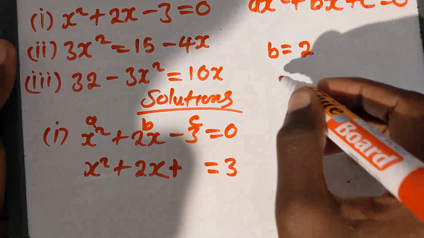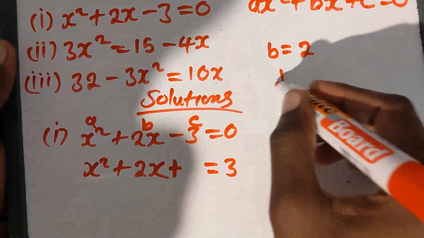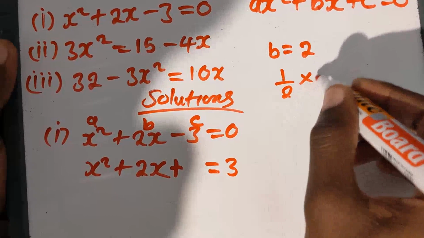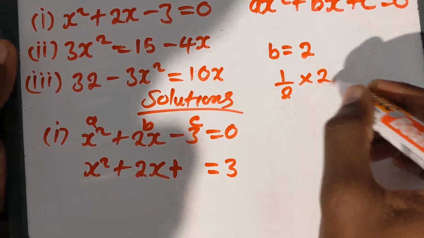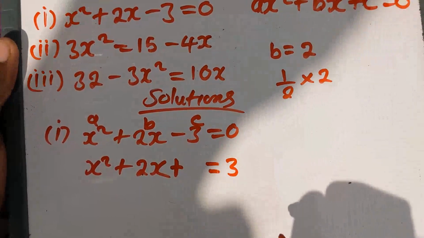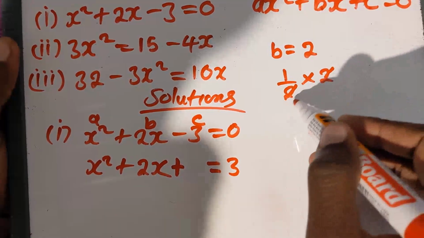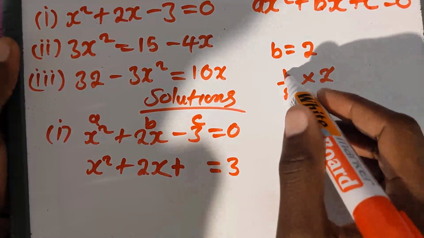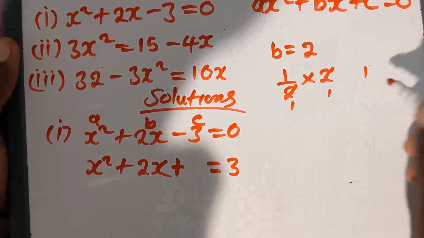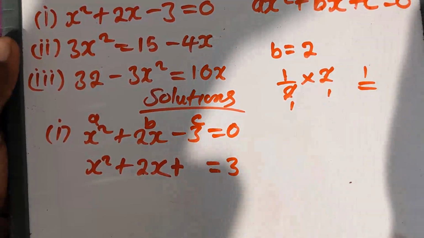Half of b is just a matter of multiplying 1 over 2 times 2. That is what we call half. So 2 into 2 is just 1, and 1 times 1 is just 1. So half of 2 is 1.